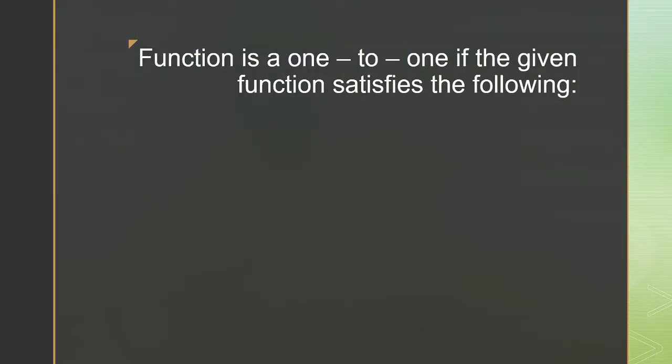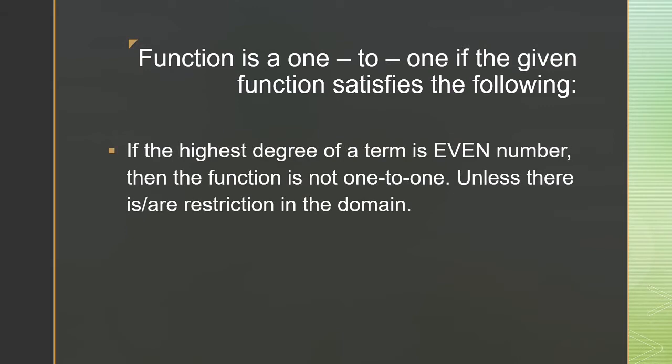Now, a function is a one-to-one function if the given function satisfies the following, or these are the nature of the one-to-one function. Number 1, if the highest degree of a term is an even number, then the function is not one-to-one unless there is a restriction in the domain.